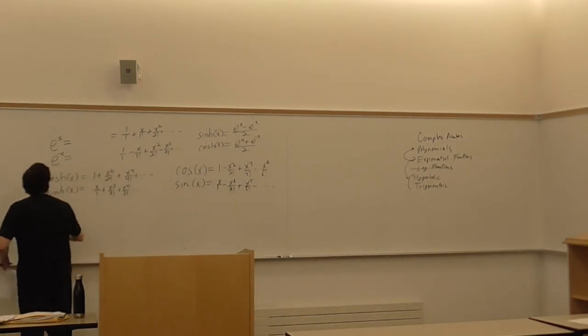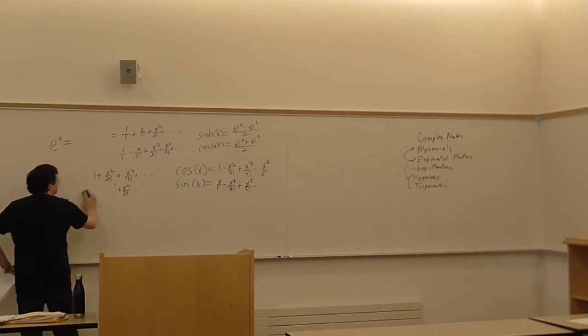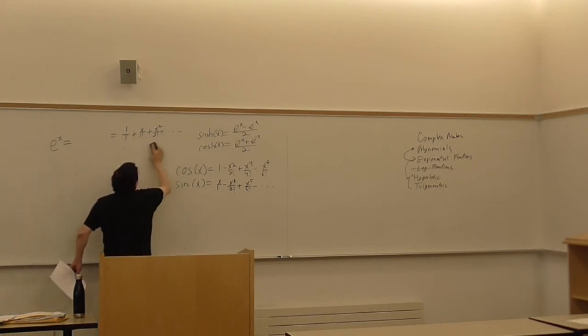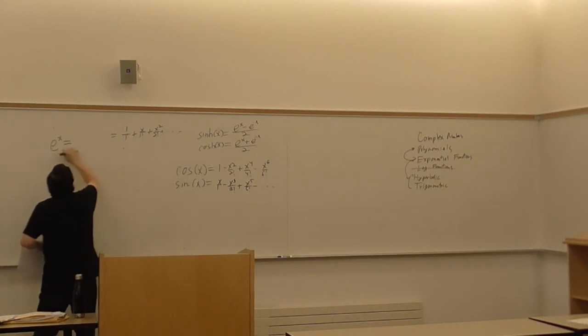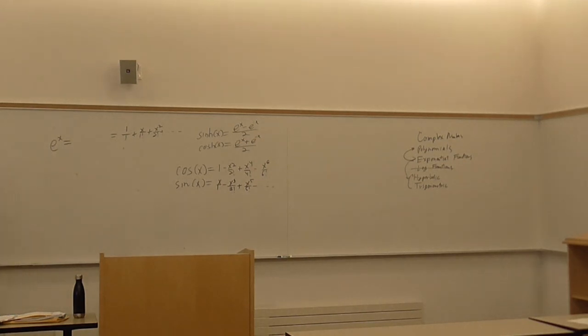Well, let's say I go back to this original equation and I say, what happens if I make x instead of x, ix? I'm going to plug it into this formula.